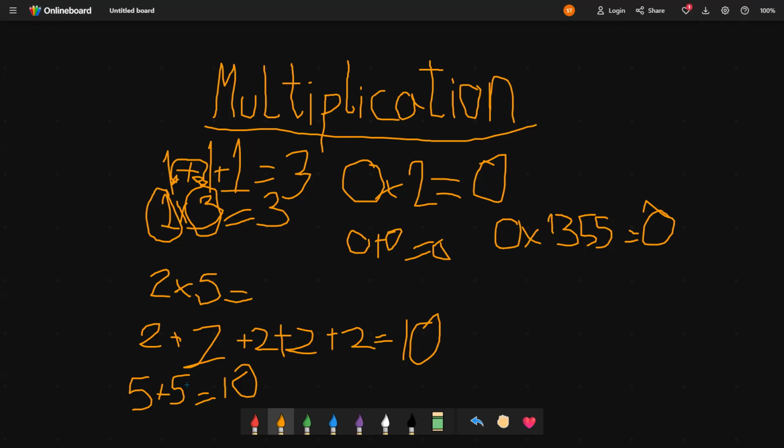A reason why people don't just use repeated addition is because of this. We are trying to find the area of a rectangle. The area is the inside of it, this part.